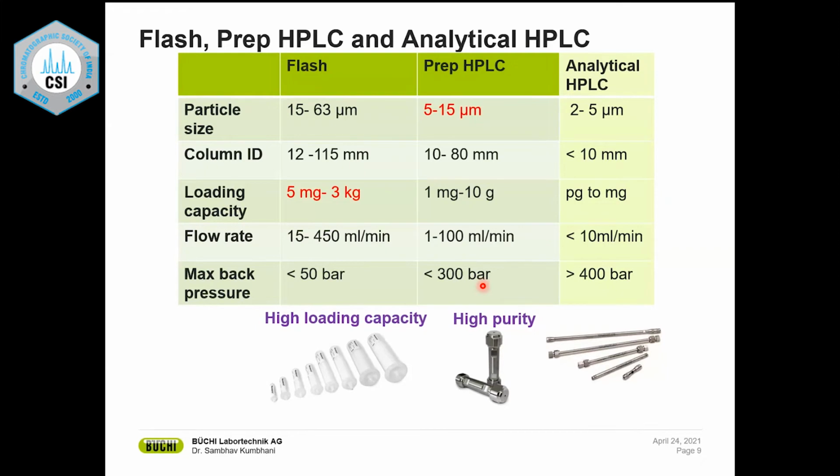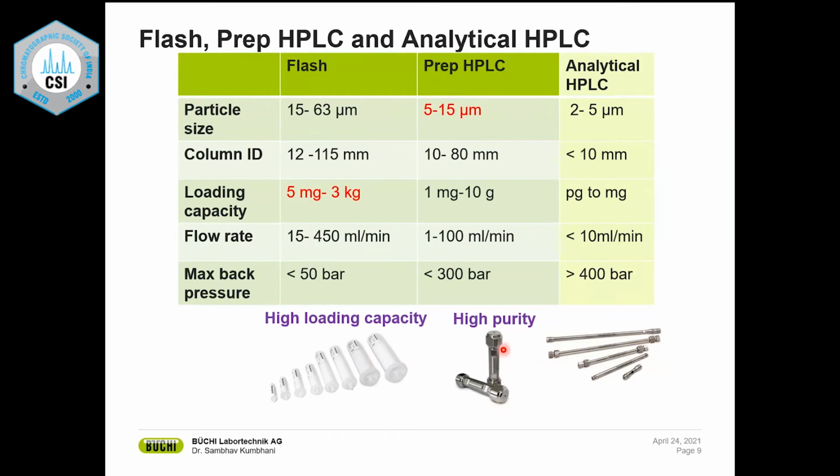In terms of how the columns look, the picture below shows you what the column looks like. In flash, we call them cartridges, and they are packed in polypropylene material. Because the pressure is not so high, polypropylene is good enough to resist those pressures. You can get these cartridges from 4 grams to 5 kilos to 50 kilos as well on an industrial scale.